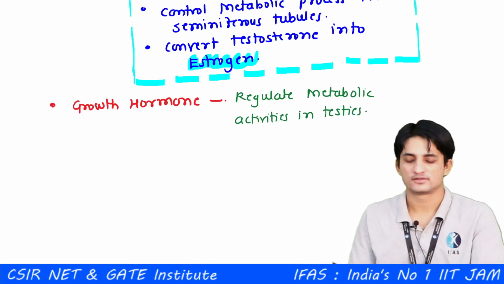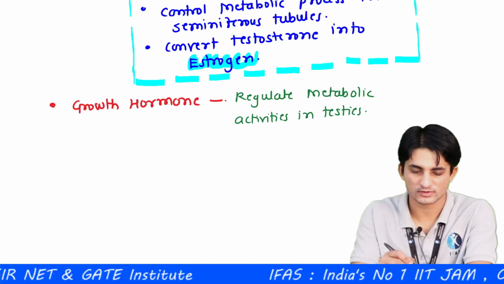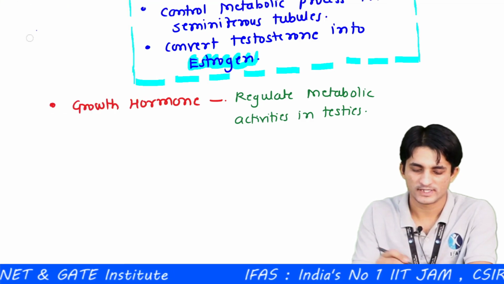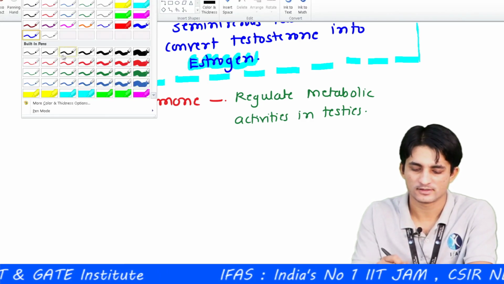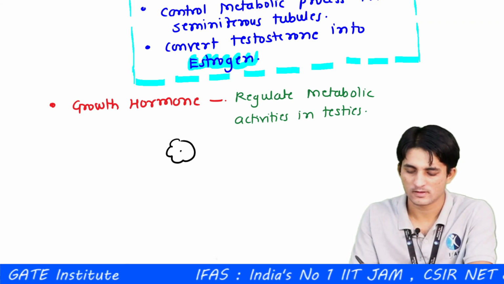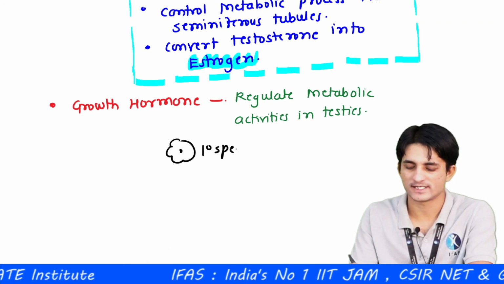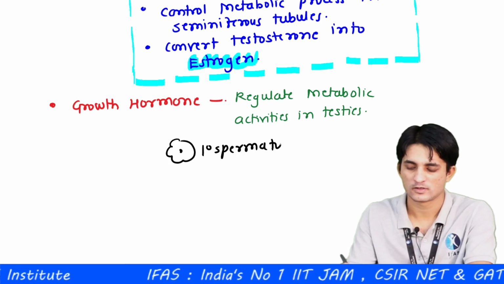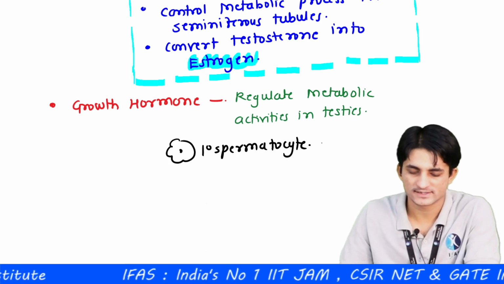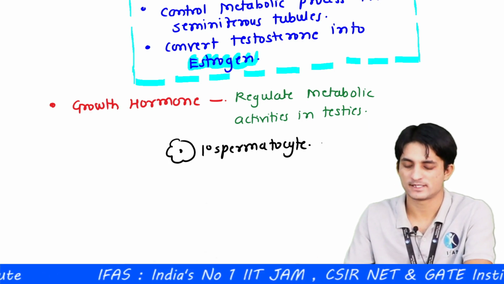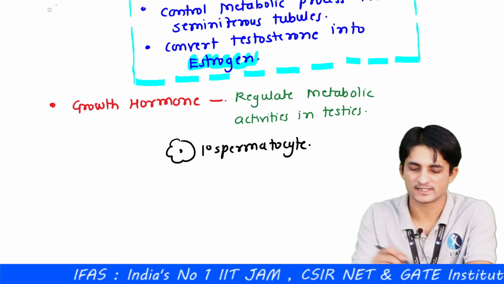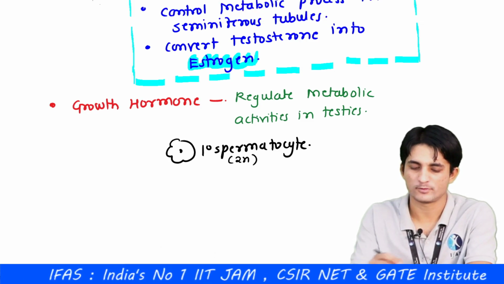Then spermatogenesis. Here we discuss the formation of the primary spermatocyte. Now this primary spermatocyte is in the diploid condition.